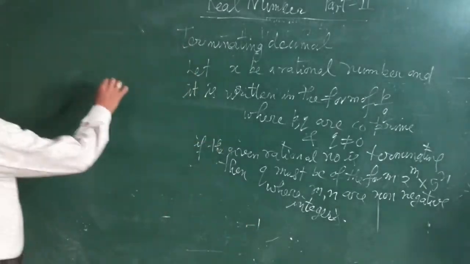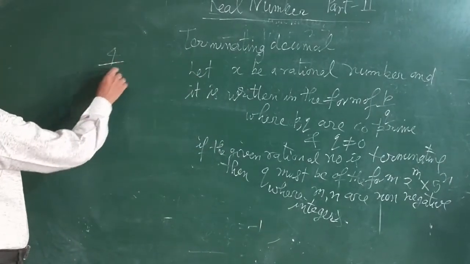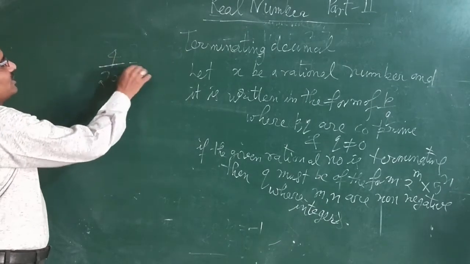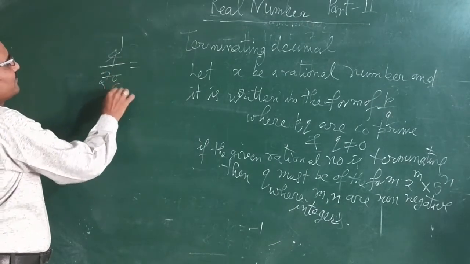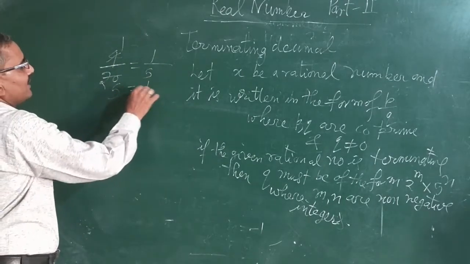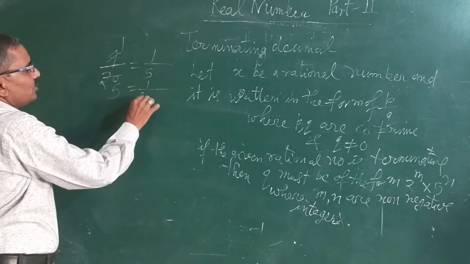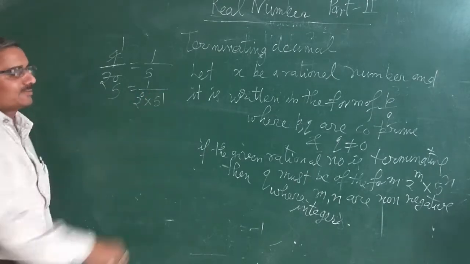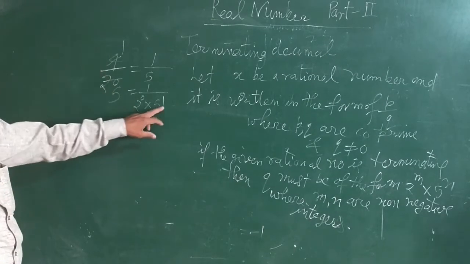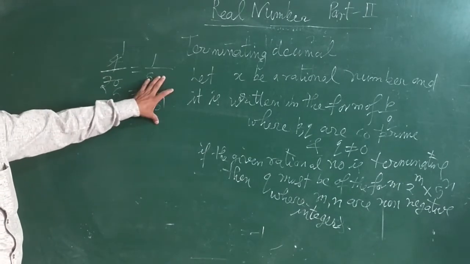For example, let us suppose 4 upon 20. 4 upon 20 means 4 ones are 4, 4 fives are 20. Now this is 1 upon 5. This can be written as 1 upon 2 power 0 into 5 power 1. Now here 2 is not there, only 5 is here, so it will terminate.